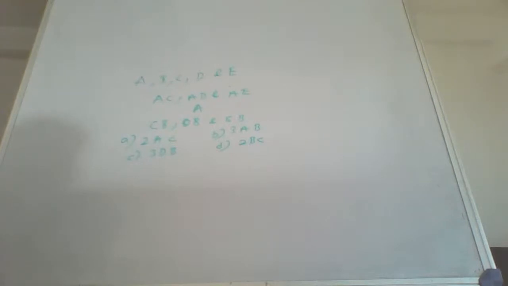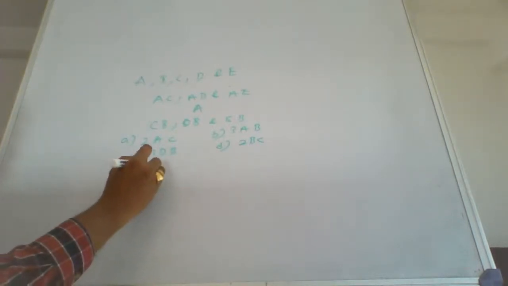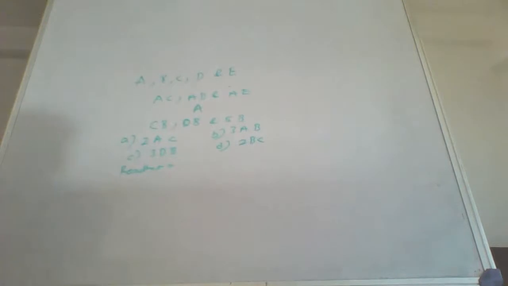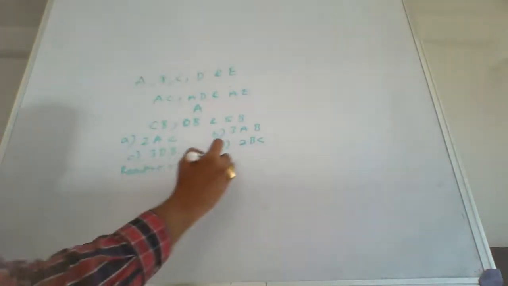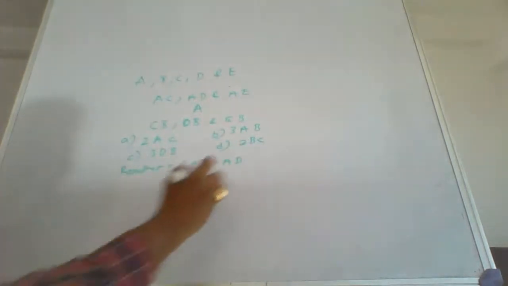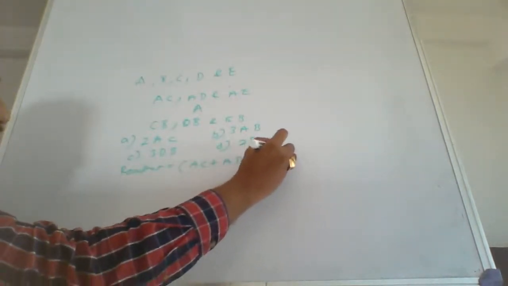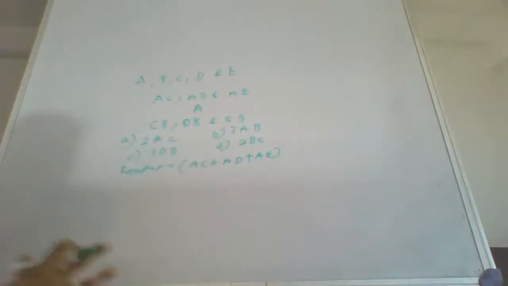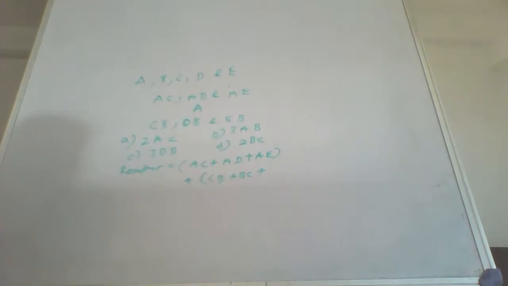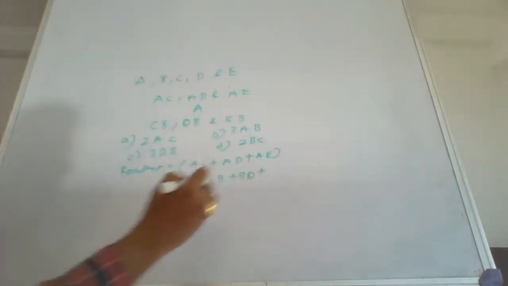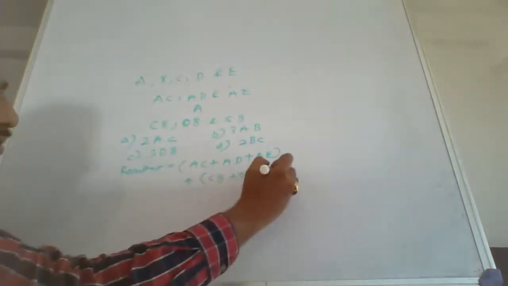The resultant would be AC plus AD plus AE plus CB plus DB plus EB.